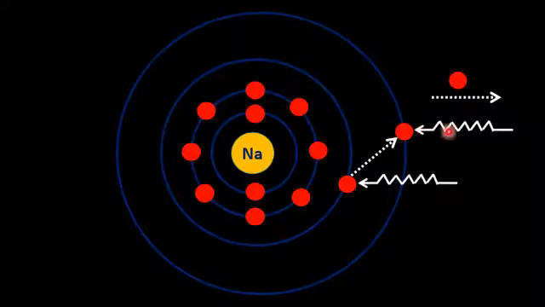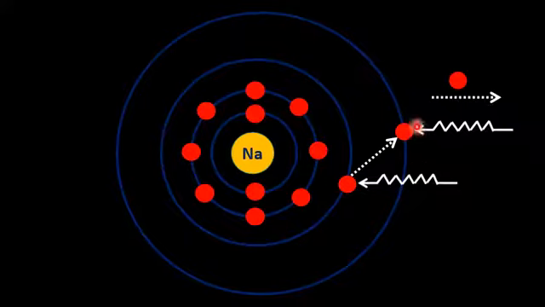Similarly, dear students, if additional heat is provided by an external source to the electron which is in the higher shell, the valence electron will have more energy than the energy required by the electron to revolve in this higher shell.